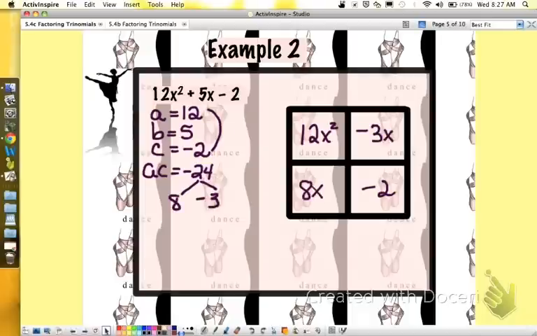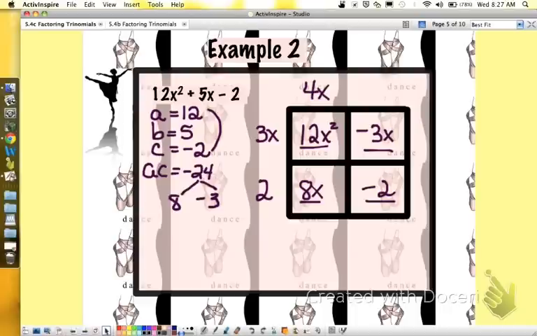I'm going to throw those factors into the box and start taking out the GCF as mentioned before. In the first row, what's common to both of these terms is a 3x. It's a positive 3x because it adopts the sign of the 12, which is positive. Next, in the second row, I'm going to do the same thing. What's common to both of these two terms is a 2. I'm going to do the same thing along each column.